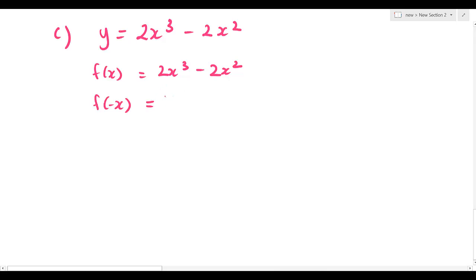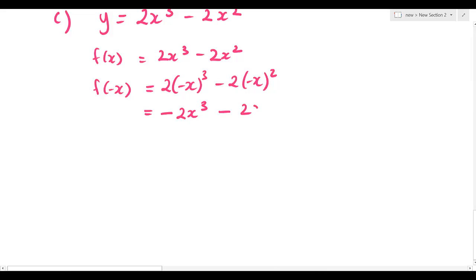So that's just substituting x for negative x. And you should get negative 2x cubed minus 2x squared.